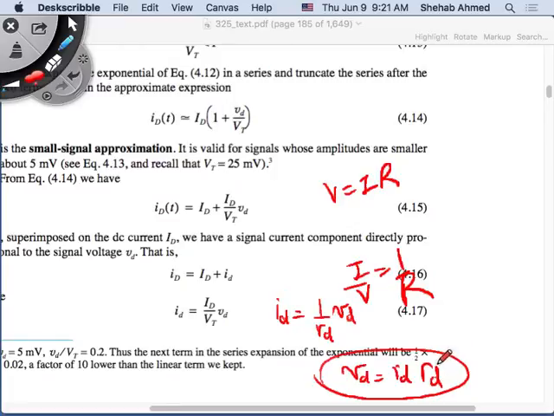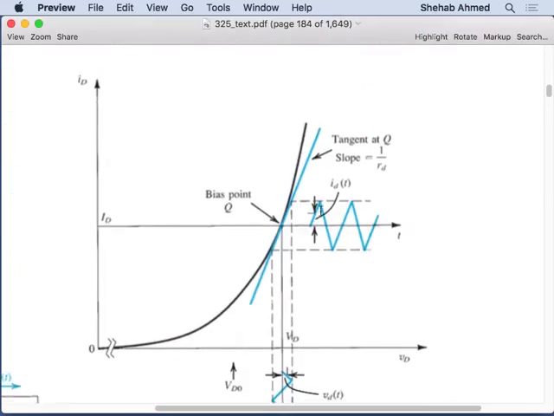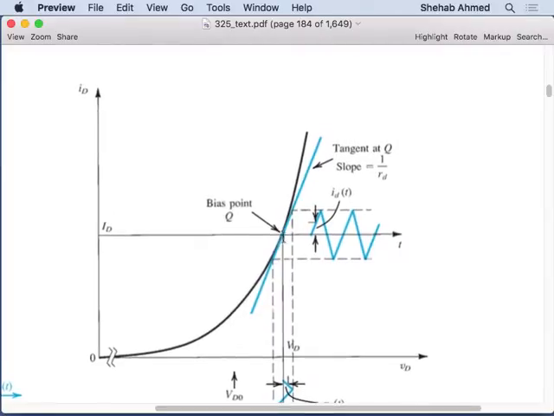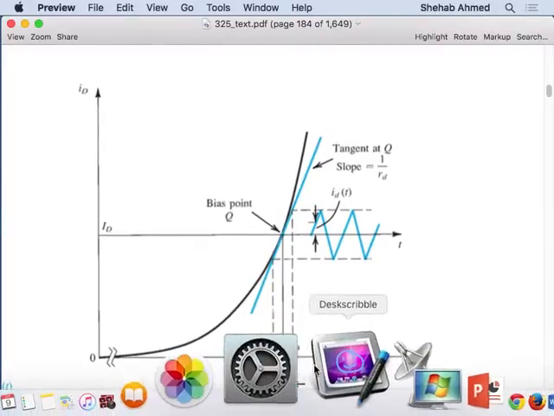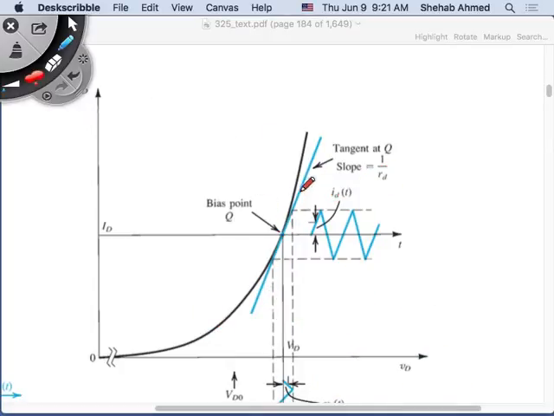It's just Ohm's law, but with a specific value of this resistance. This value happens to be the slope. This ID over VD at the operating point happens to be the slope of this curve. At this operating point, I take this straight line, and this straight line has a slope.